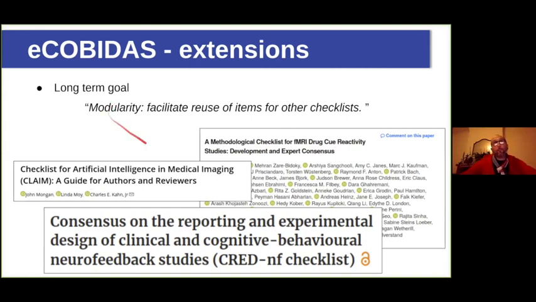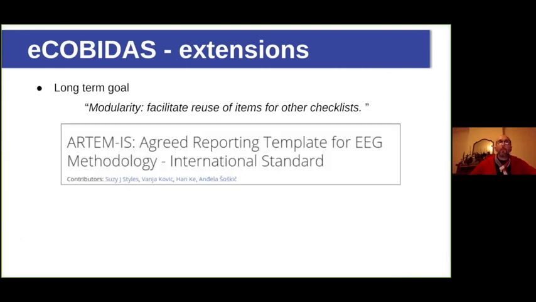This is useful because there are more and more checklists coming out to help people in subfields of neuroimaging by suggesting what kind of methods they should report and how they should report them.